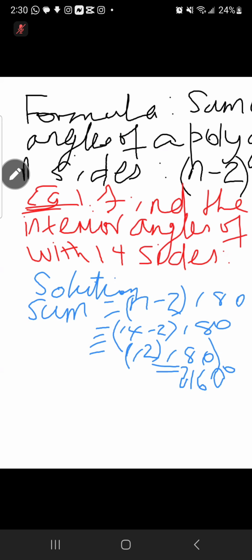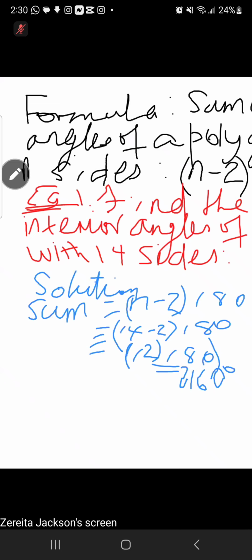That's where the relationship comes in. So we find that the number of triangles is 2 less than the number of sides. So once we know the number of sides, we simply take away 2 and multiply the result by 180, and it gives us the sum of the interior angles.